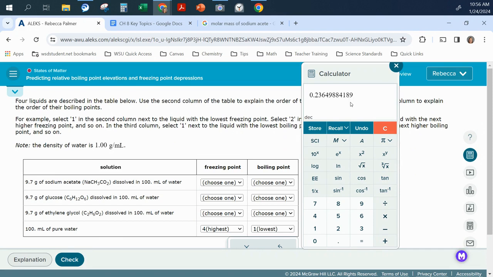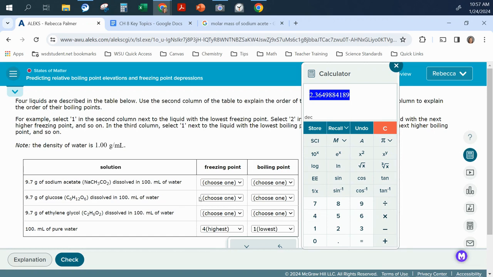And then we're going to take this number and divide by the kilograms of solution. So then I'm going to write this number down somewhere. For sodium acetate, my value was 2. It doesn't really matter how many sig figs, since we're not going to report this number. So I'm going to write 2.36 just in case I need extra.